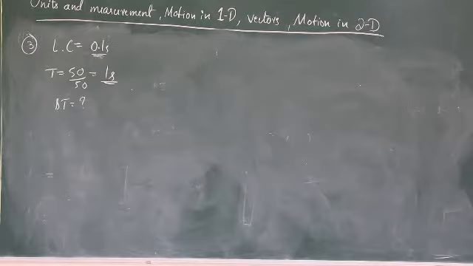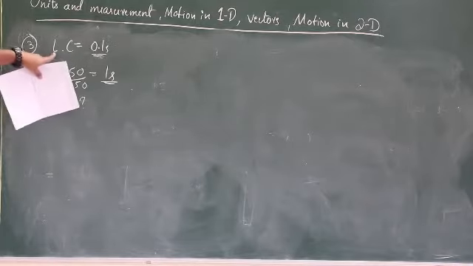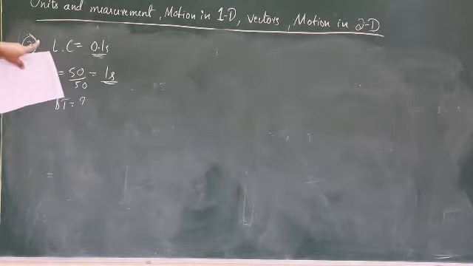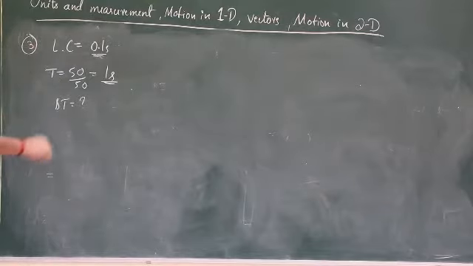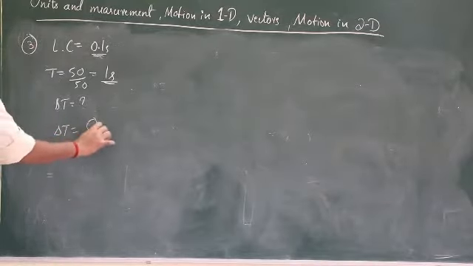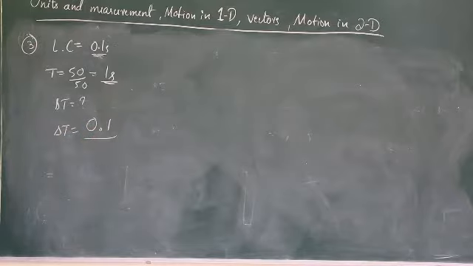What have they given? They have mentioned the least count. How much is the least count? Yes, 0.1. So delta t is nothing but the least count, that means the least error which is possible. The least measurement 0.1 divided by the total oscillations, 50 oscillations in 50 seconds.